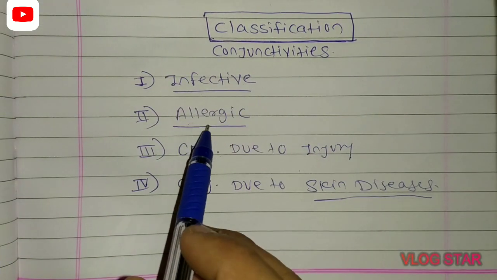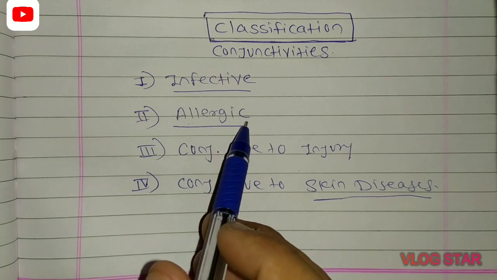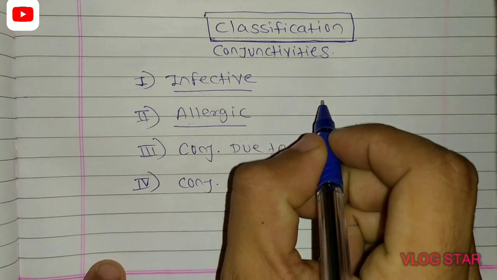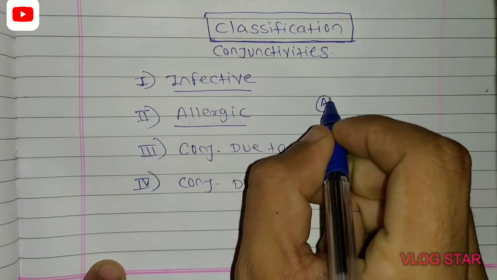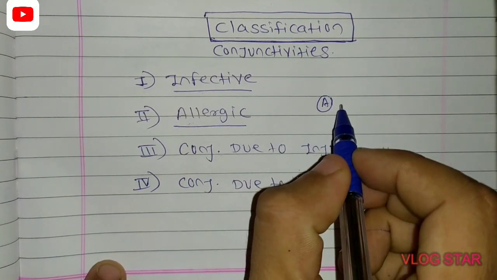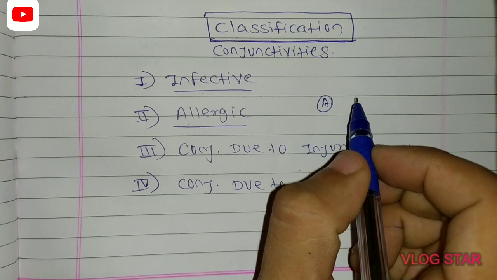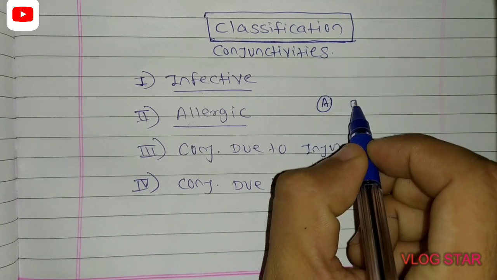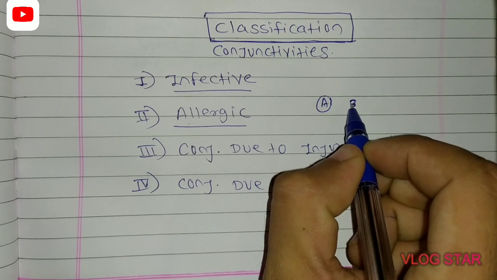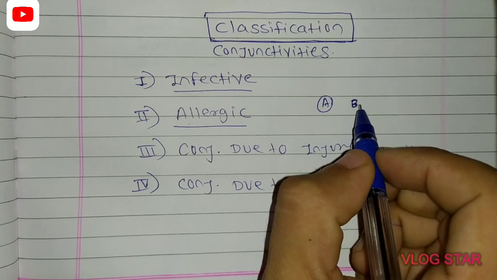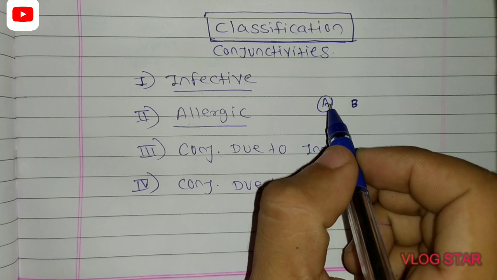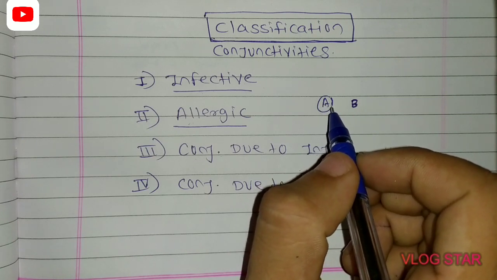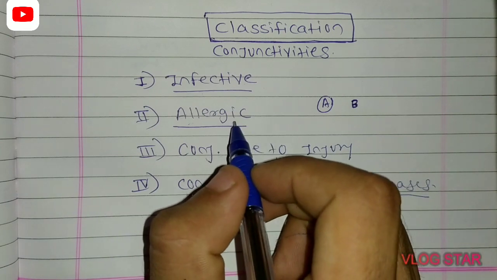The second type of conjunctivitis is allergic conjunctivitis. Suppose there is a patient, and this patient A has an allergy to a particular allergen. Suppose patient A is allergic to allergen B. Once this allergen B enters the conjunctival sac of patient A, it produces conjunctivitis, that is nothing but allergic conjunctivitis.